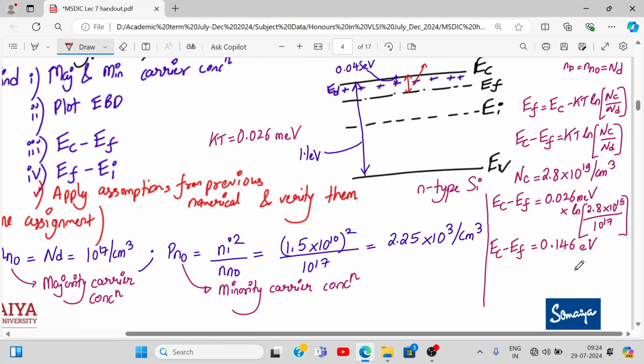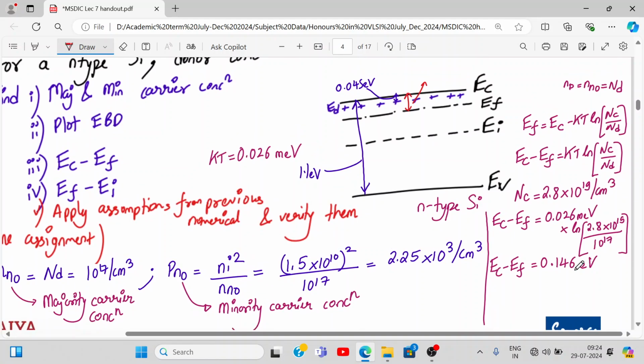These types of numericals are expected in exams. You all have calculators. What is the natural log of 2.8 into 10 raised to 19 divided by 10 raised to 17?